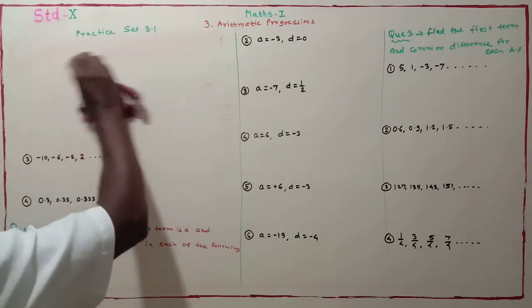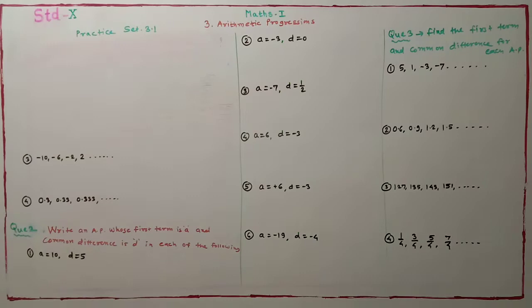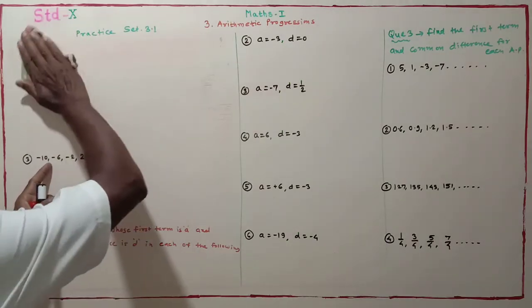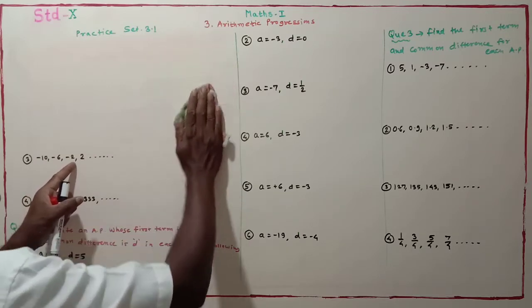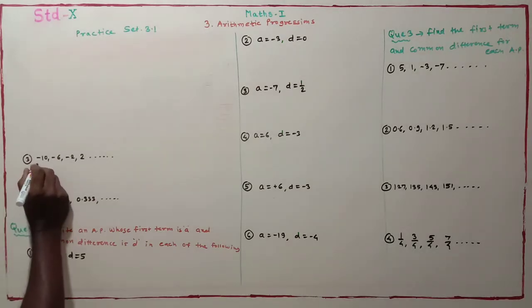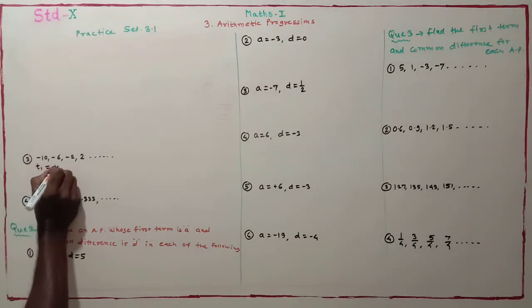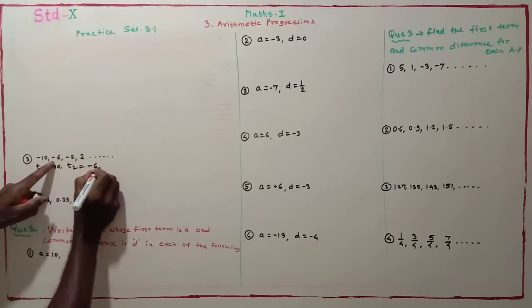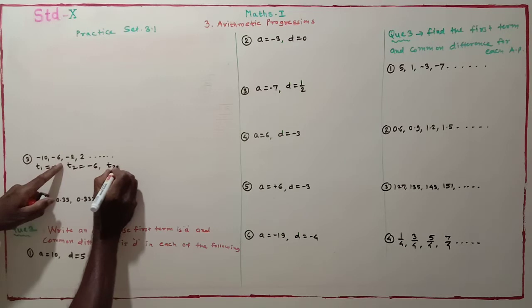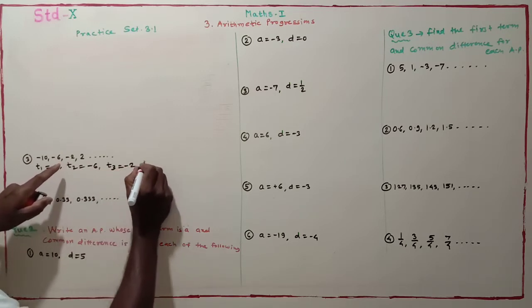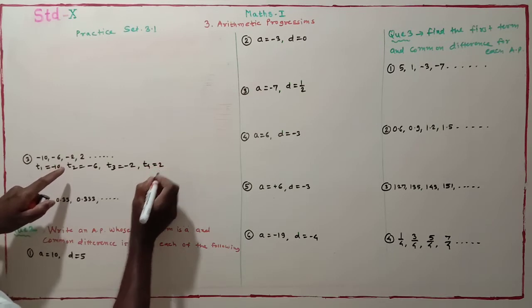In the third example, the sequence given is minus 10, minus 6, minus 2 and 2. In this sequence, we write T1 is equal to minus 10, T2 is equal to minus 6, T3 is minus 2 and T4 is 2.